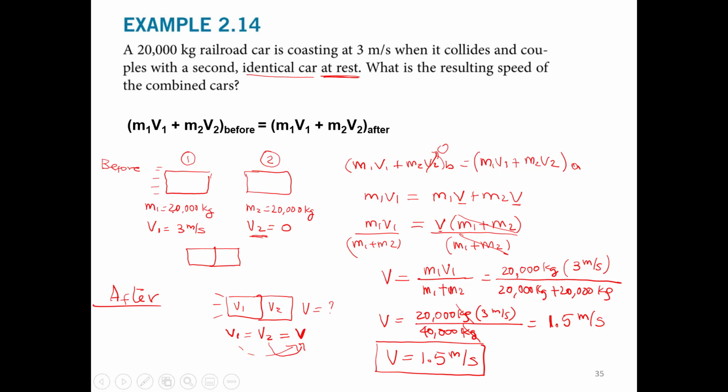Here we had 20 kilograms, but in this system, we had 40 kilograms. Then we had twice the mass. And what happened with the velocity? Velocity is going to reduce by half. In this way, the momentums will be conserved, we had the same momentum.